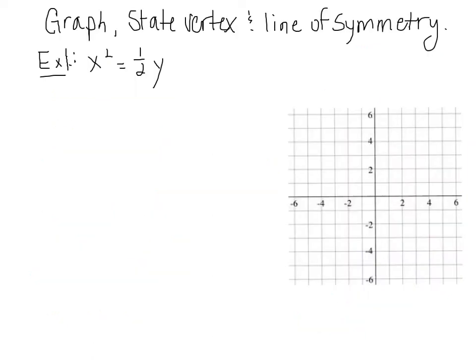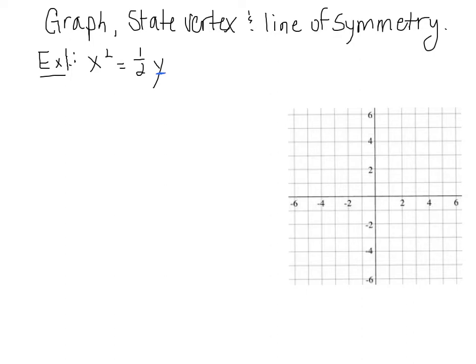Here's our first example. We have x² = ½y. So what you want to do in the very beginning, if it is already written in standard form, which it is, there's a couple of things that I want you to recognize. First of all, tell me, is it opening up, down, left, or right? Well, because the y value is the one that's not being squared, then we know it's either opening up or down.